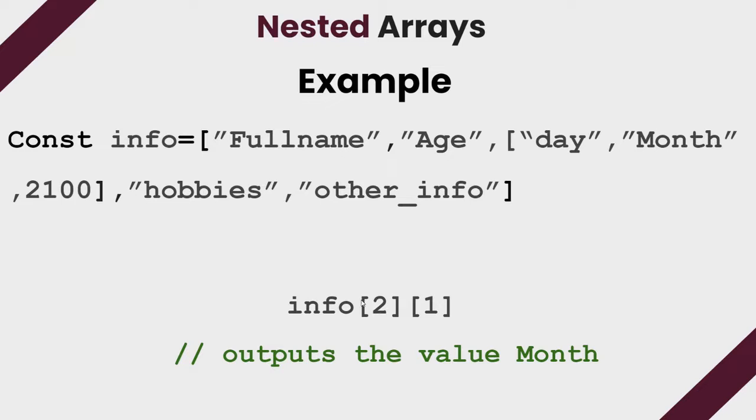Now within that array, we referenced it with the index of 1. So now we already know that this day here has an index of 0 within this array that holds it. That's the inner array, and the month here has the value of 1. So this particular syntax will actually output the value of month on the screen.